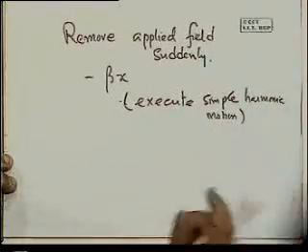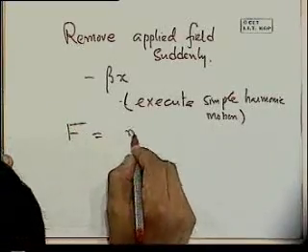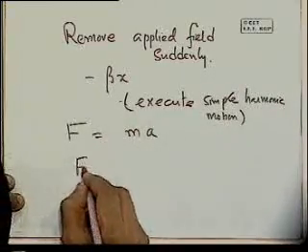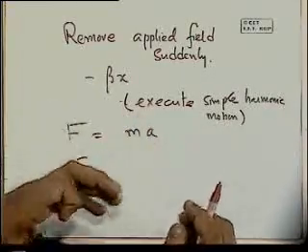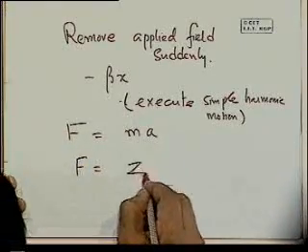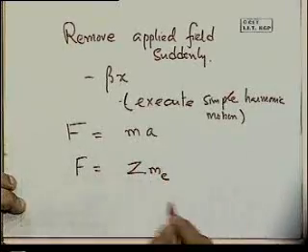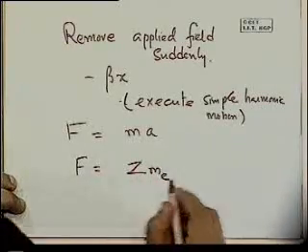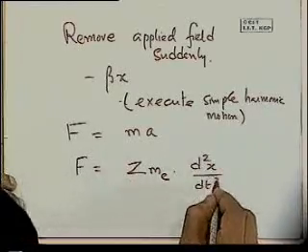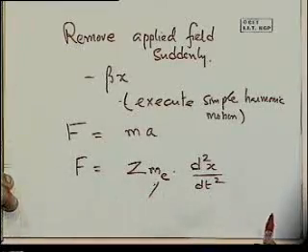Now we can look at it in terms of the equations of motion. F is equal to ma, all right? And what we would like to see is what is the force acting on this when it is moving. It is equal to the mass, Z times each electron's mass, times an acceleration. This is the total mass times an acceleration, which can be expressed by d2x by dt squared, where me is the mass of each electron.